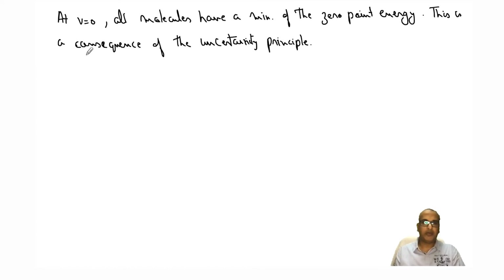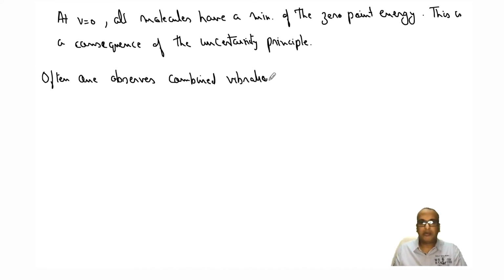Typically, vibrational lines are always observed with rotational lines. So we write, often one observes a combined vibrational rotational spectrum.